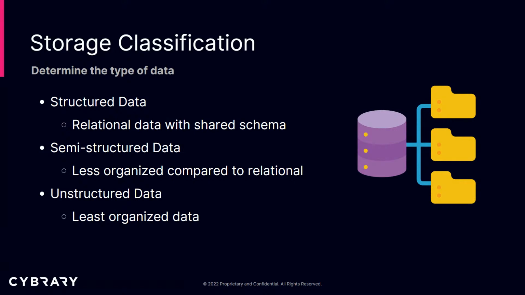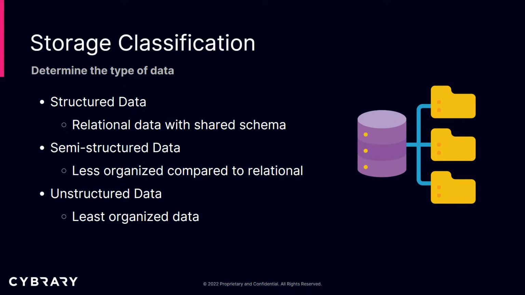So first, we're going to talk about structured data. Structured data includes relational data that has a shared schema. Structured data is often stored in database tables with rows, columns, and specific keys. So think of a SQL database, that is structured data where you have relations.